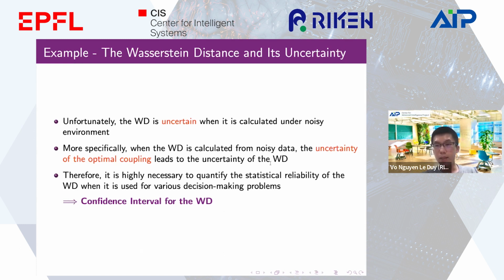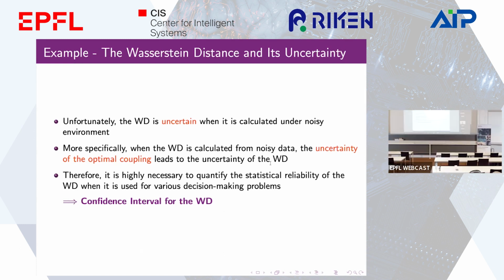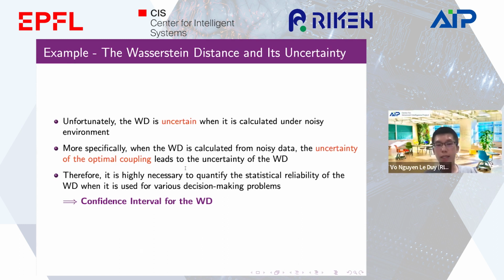This is because the Wasserstein distance is calculated based on the optimal coupling. Therefore, it is highly necessary to quantify the statistical reliability of the Wasserstein distance when it is used for practical applications or to make decisions in high-stake decision-making problems. One way to quantify the statistical reliability is to provide the confidence interval for the Wasserstein distance.